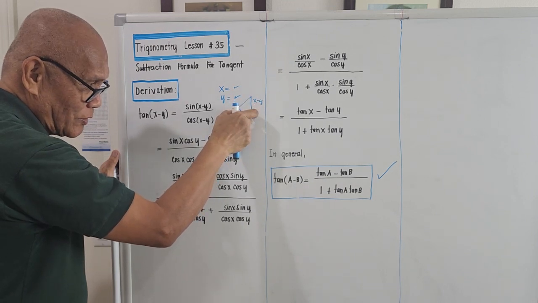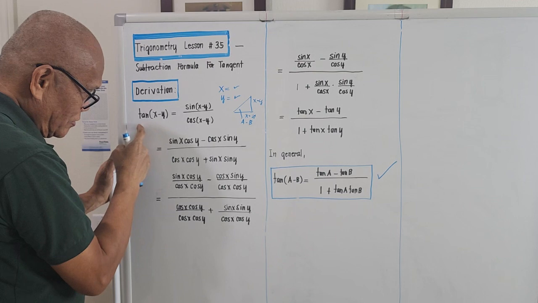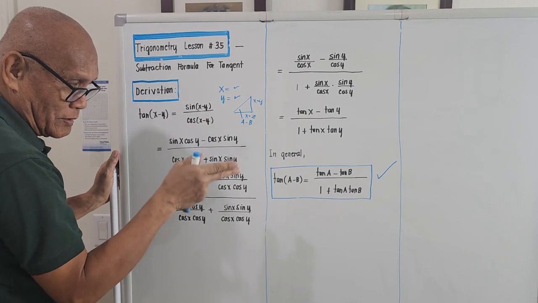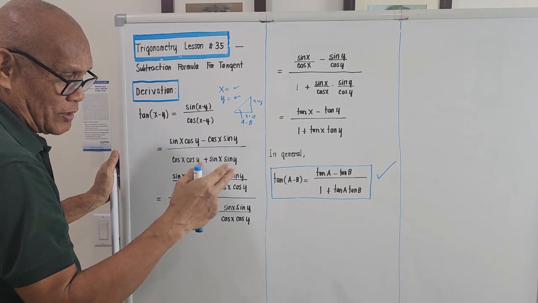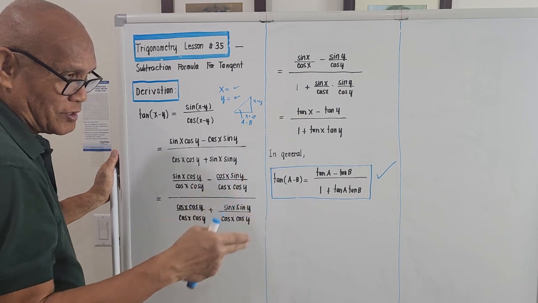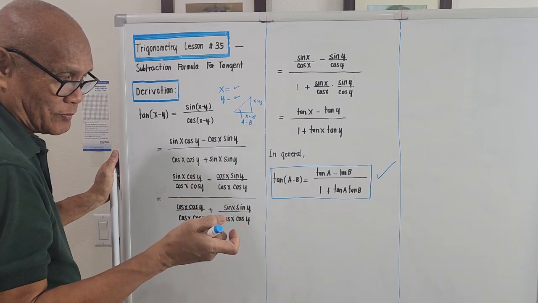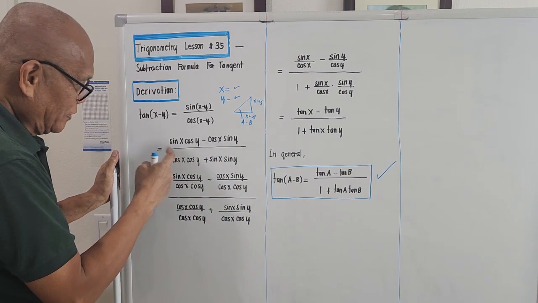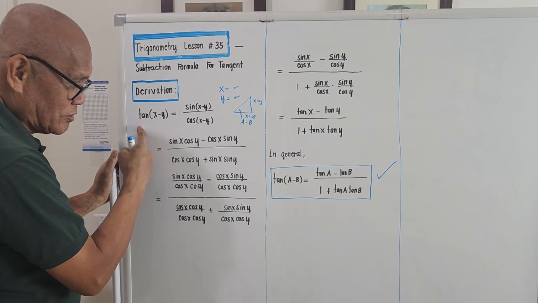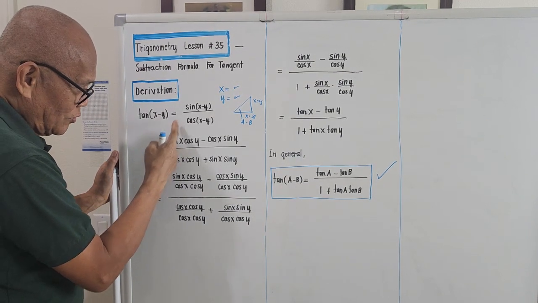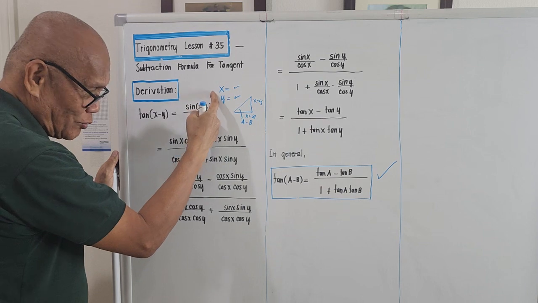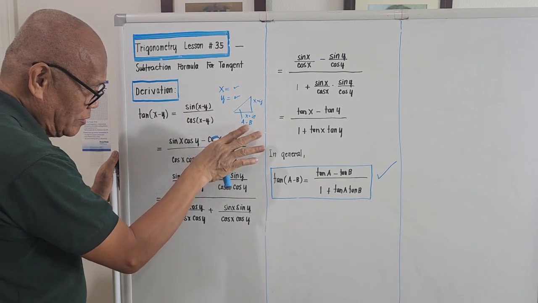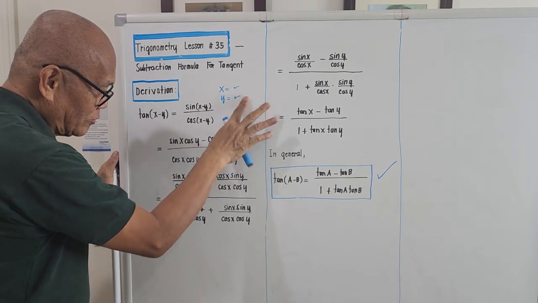The sine function over cosine. So tangent of the quantity x minus y can be written as, it's just like we are given tangent A. What is tangent A? It will be sine A over cosine A. What is given here is x minus y, so tangent of x minus y will be sine of the quantity x minus y over cosine of x minus y. Okay, I will try to erase this one so it will look good.